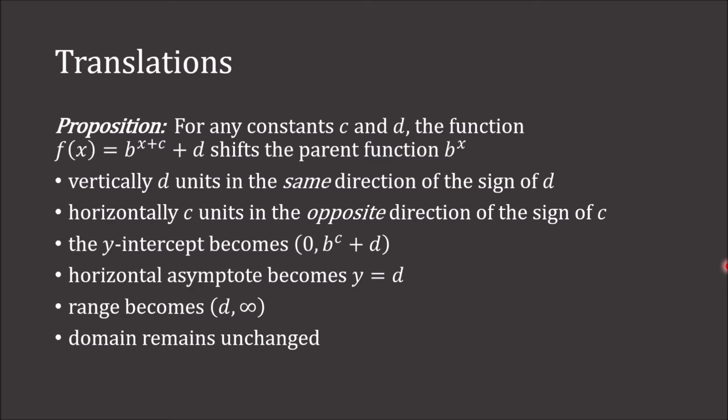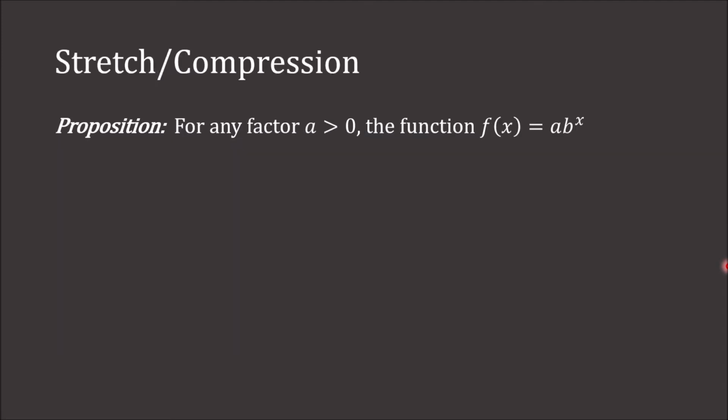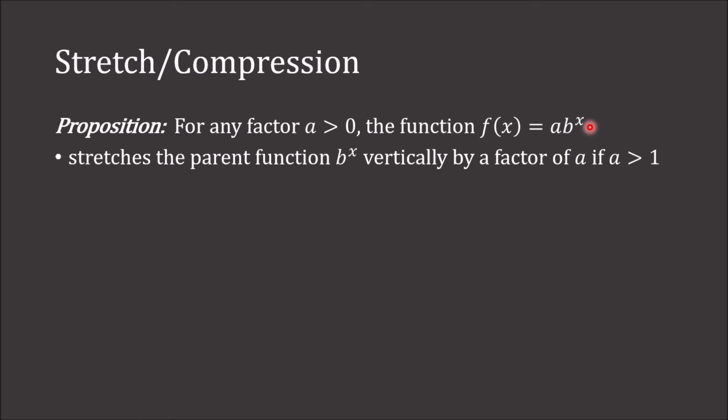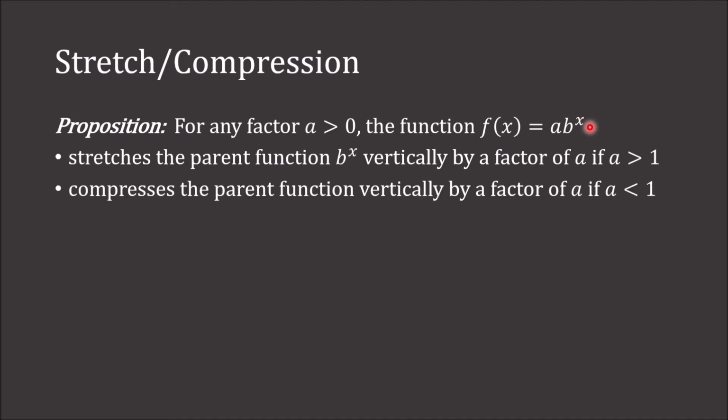Now let's look at the stretch and compression. For any factor a greater than 0, the function a times b to the x stretches the parent function vertically by a factor of a if a is greater than 1. It will compress the parent function vertically by a factor of a if a is less than 1.